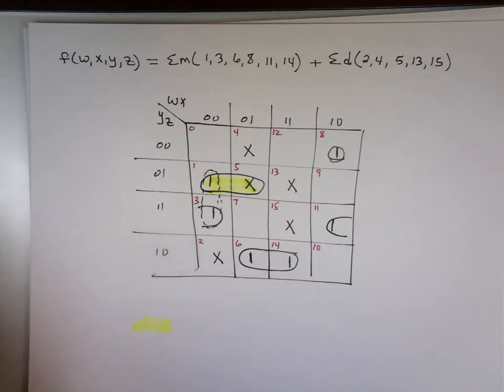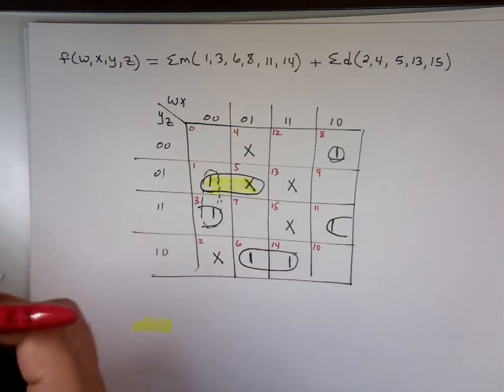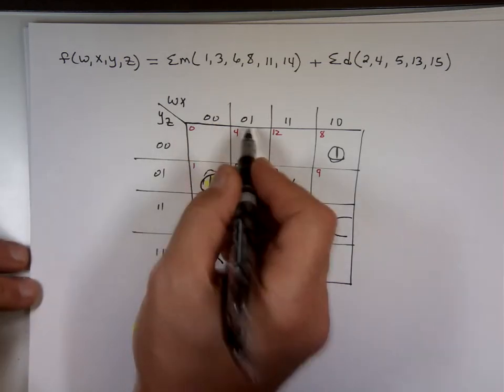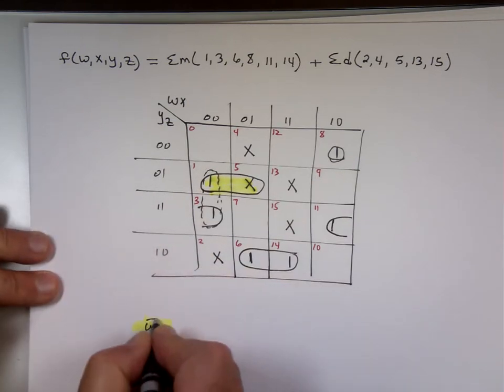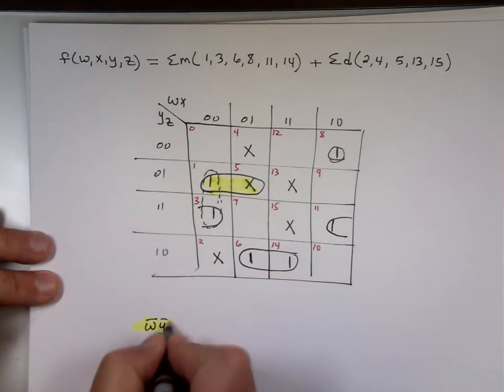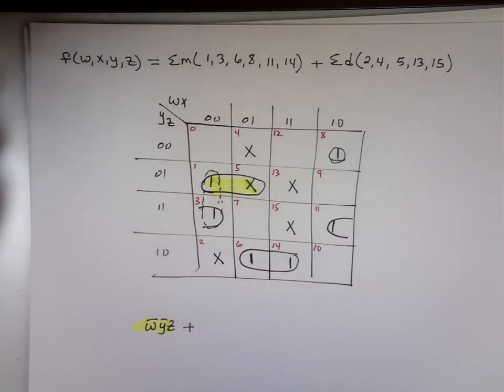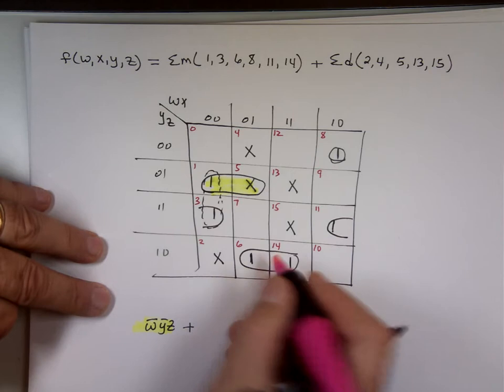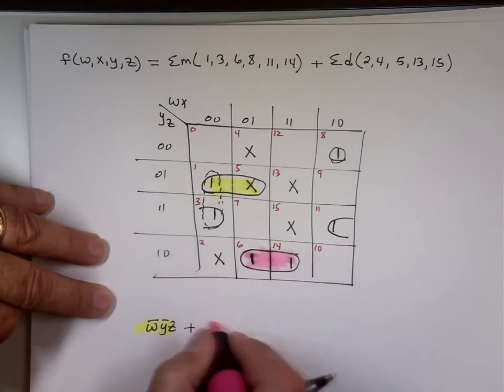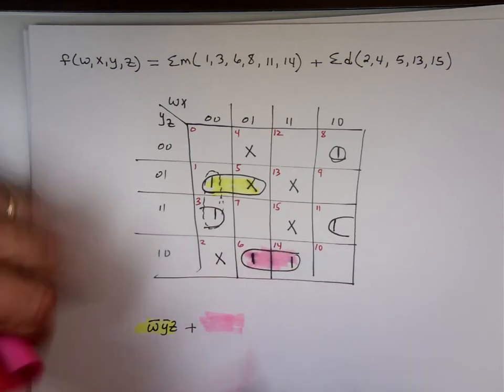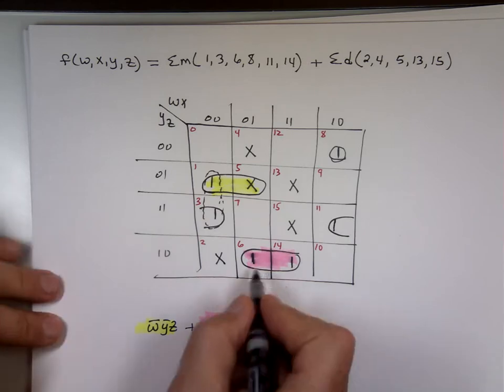If I take it that way, that will read what? W bar, X bar, Y bar, Z. That one will be what?